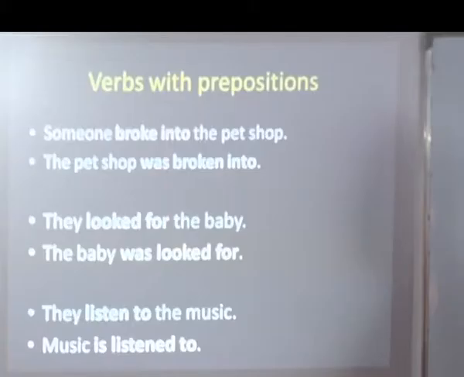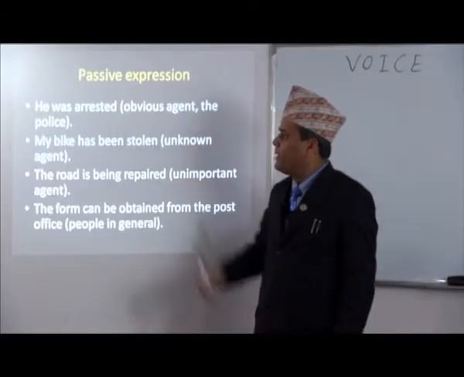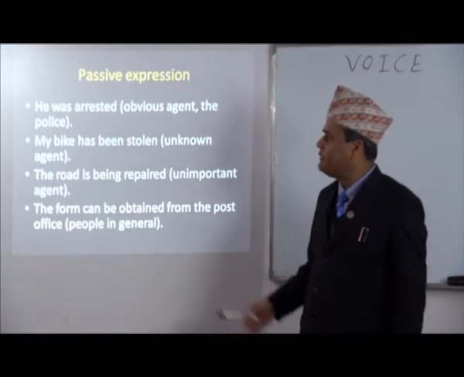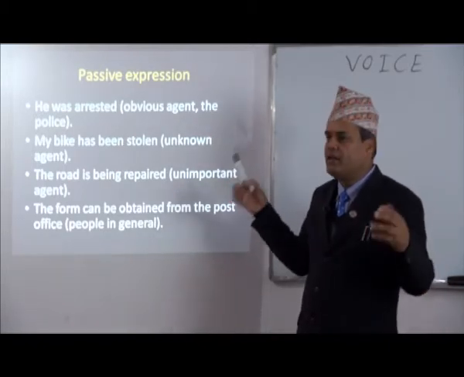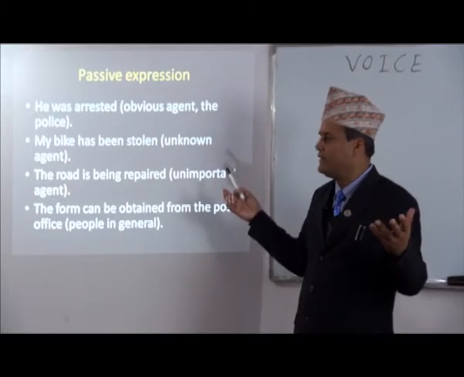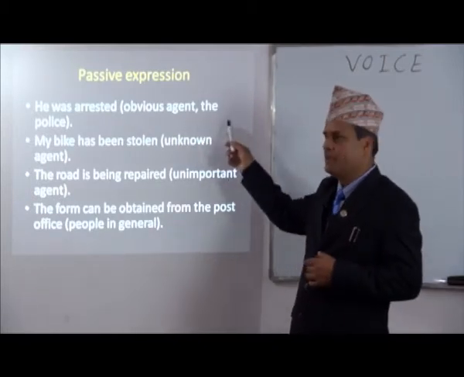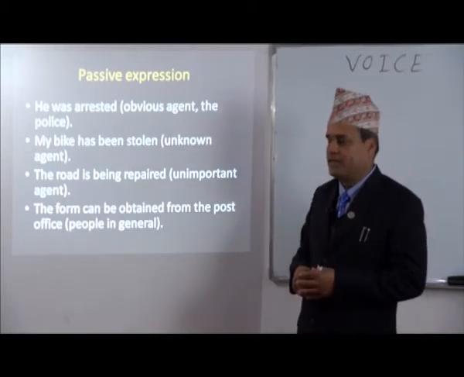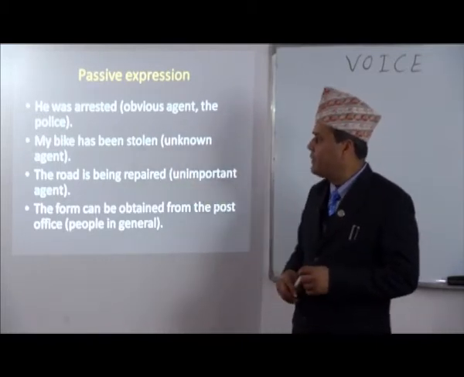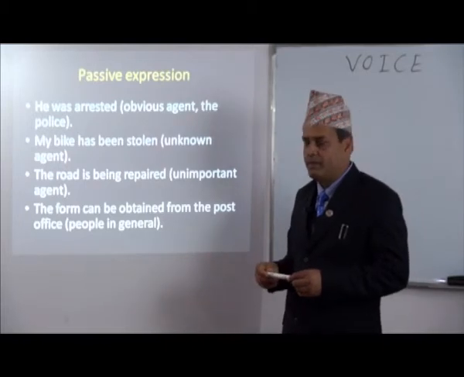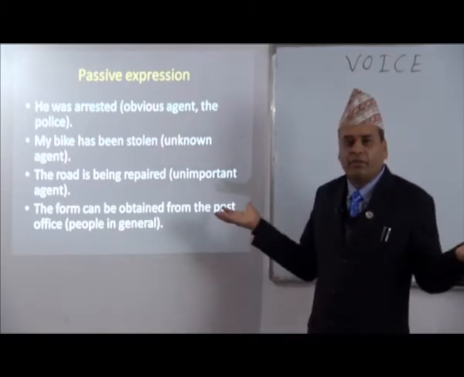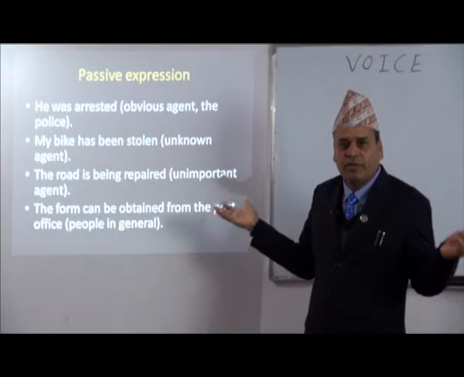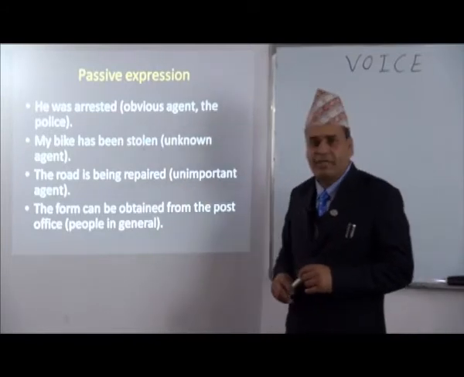Some common passive expressions. First, you see the example here, "He was arrested." It's not necessary to say who arrested. It's an obvious agent, that is the police who arrested. So in such a case we always use a passive sentence. Now the second sentence is "My bike has been stolen." And it's unknown. When the agent is unknown, we use only the passive sentences.